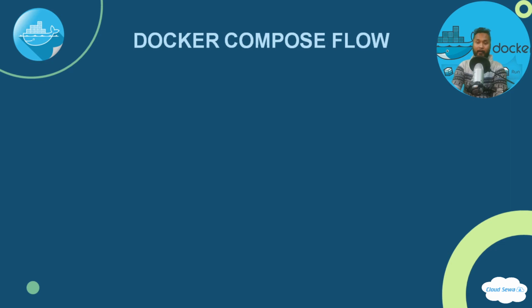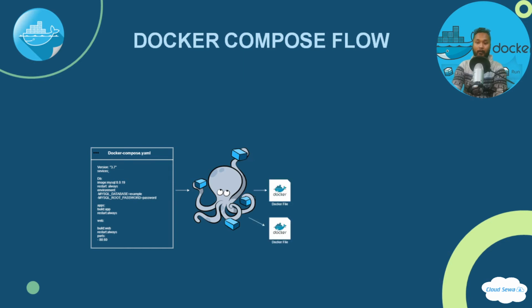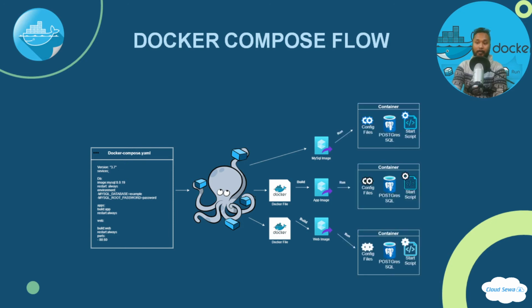So here we have the Docker Compose flow given in an illustrative flow chart. You have the Docker Compose YAML file. When we run it, the process of Docker Compose breaks down into running the Dockerfiles if we have one designed to run, and then builds multiple containers based on the Docker images.